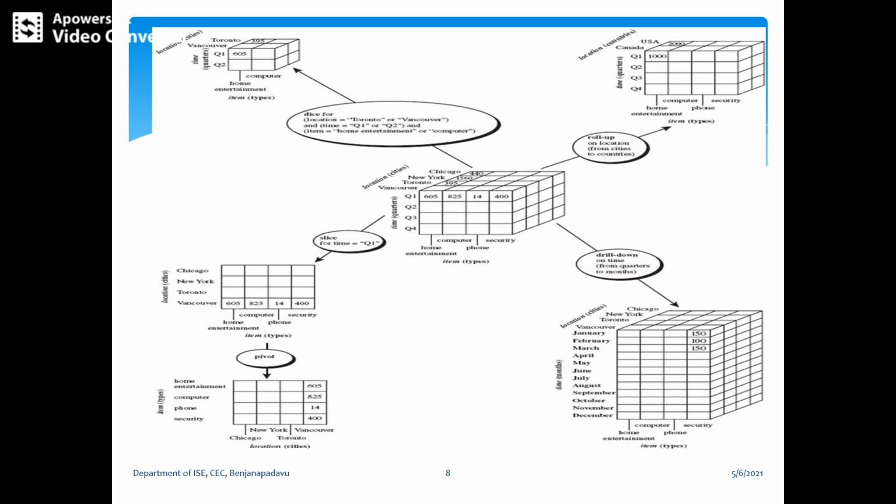When you rotate this 2D slice, the x and y axes swap, so home entertainment and computer come here, and the cities come to the other axis. The numbers are displayed accordingly: home entertainment 605, computer 825, phone 14, and security items sold 400. The same city names are reversed in position: Chicago, New York, Toronto, Vancouver, under the location bracket of cities.